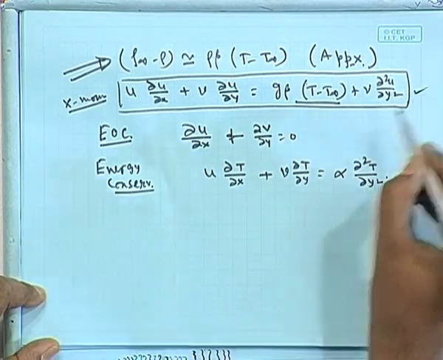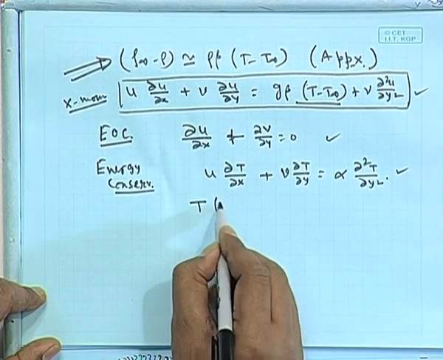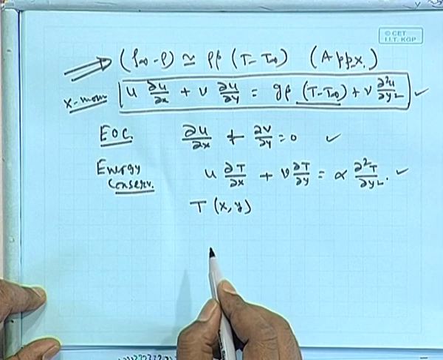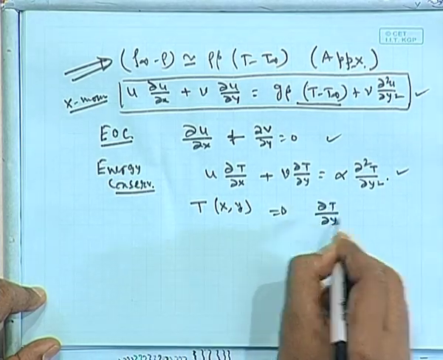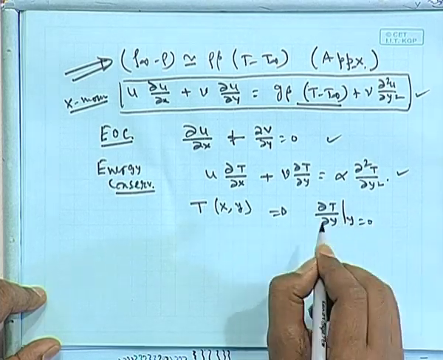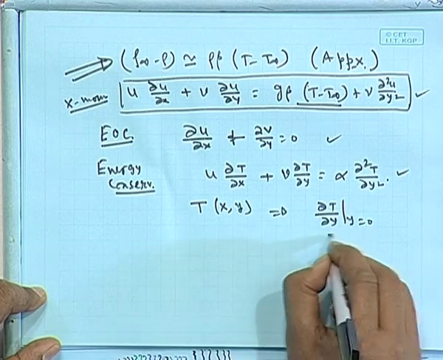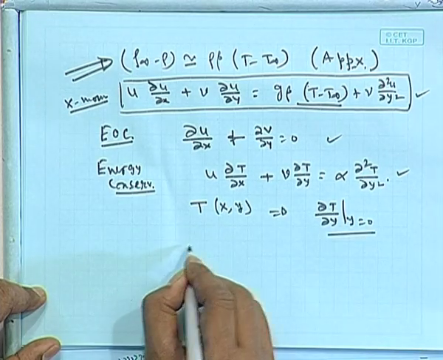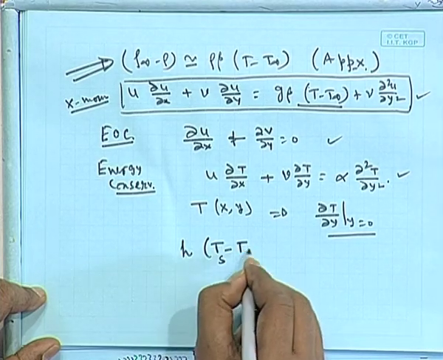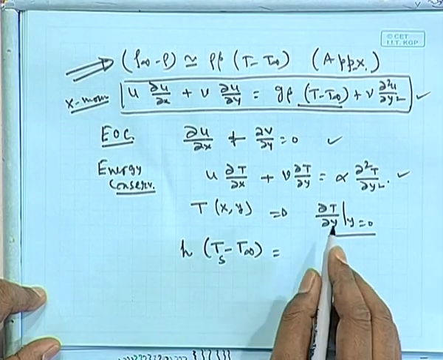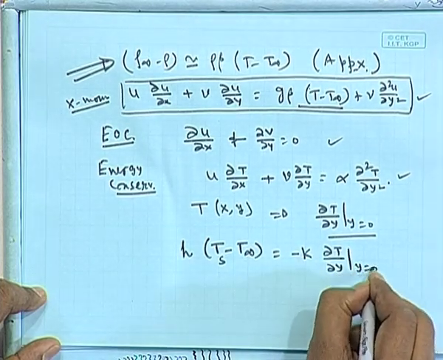So, now these three equations have to be solved in order to get T as a function of x and y. Then you have to evaluate del T del y at y equal to 0. Once you evaluate del T del y at y equal to 0, you define your heat transfer coefficient: h times T wall minus T infinity equals minus k del T del y at y equal to 0.